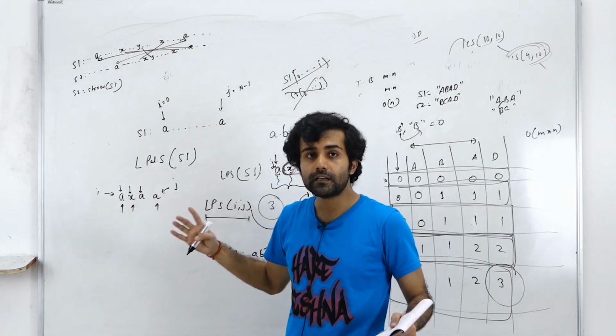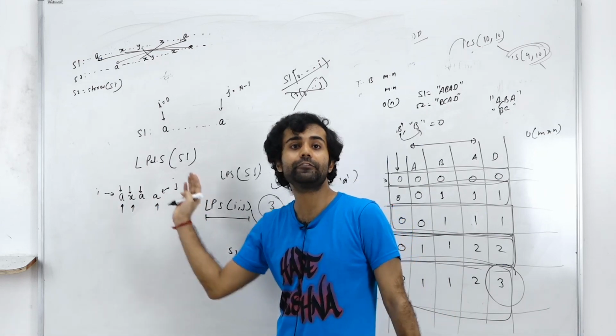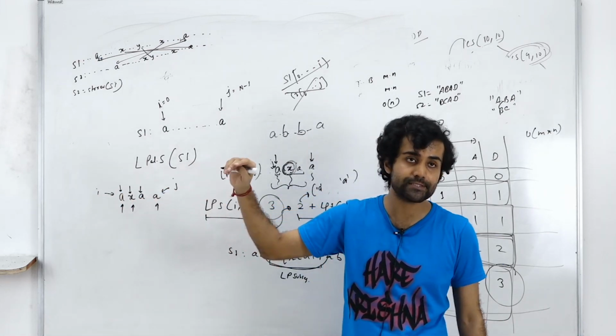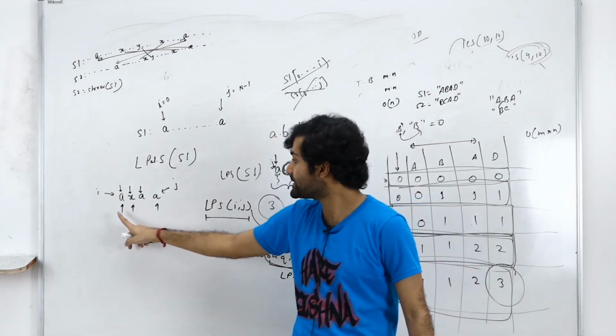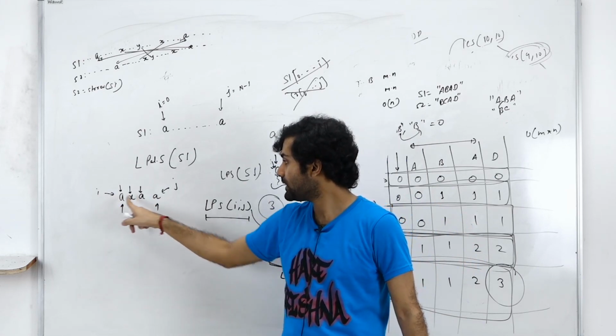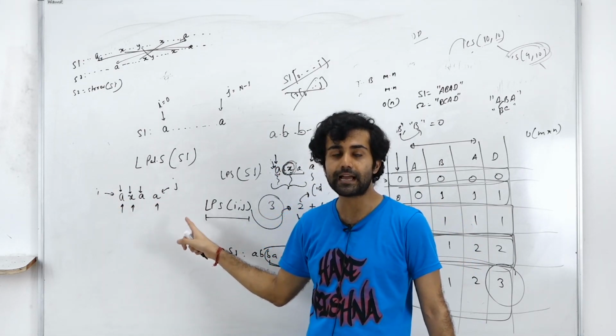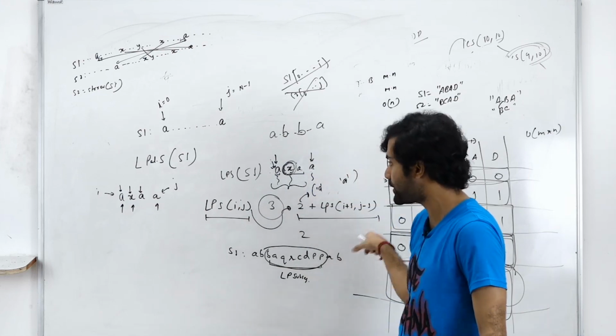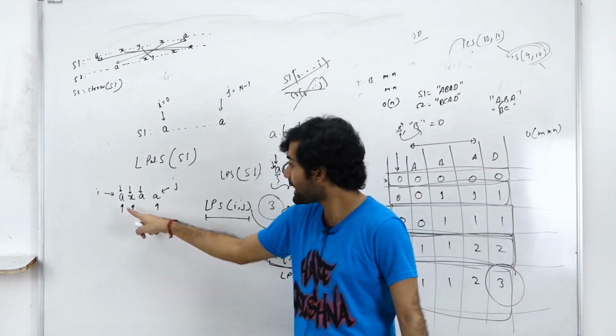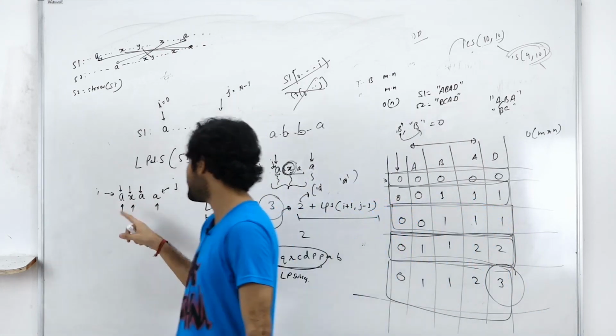Now what I said is that it might be possible that there are different palindromic subsequences of the same length. But if such a situation arises where the border characters are matching, I will definitely have one solution corresponding to this, because let's say I have an AXA over here. Let me make it more generic.